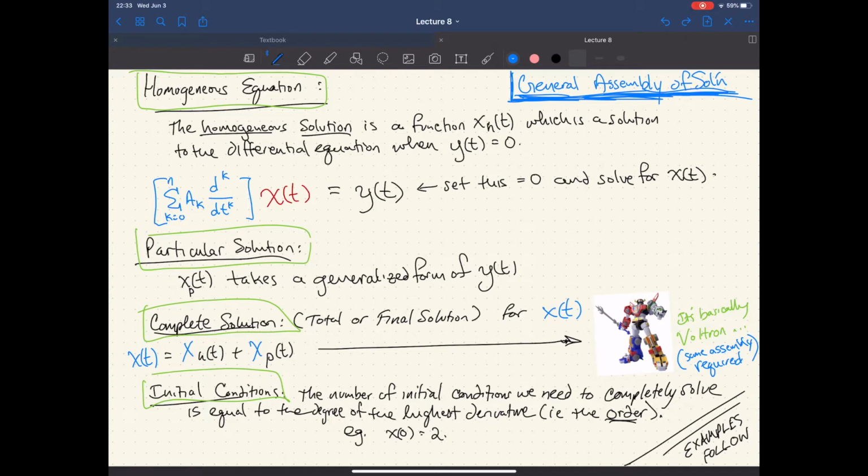Alrighty, so the general assembly of our solution is first we've got to talk about the homogeneous solution. And the homogeneous solution is a function x sub h of t. And this is a solution to the differential equation when we set y(t) equal to 0.